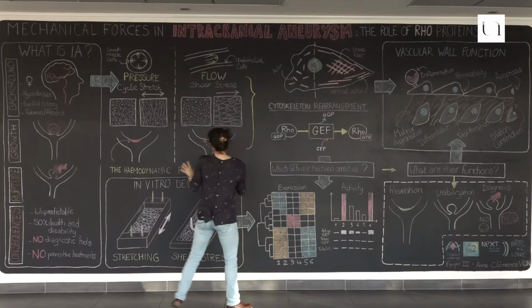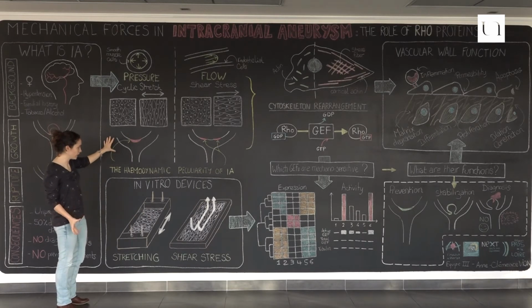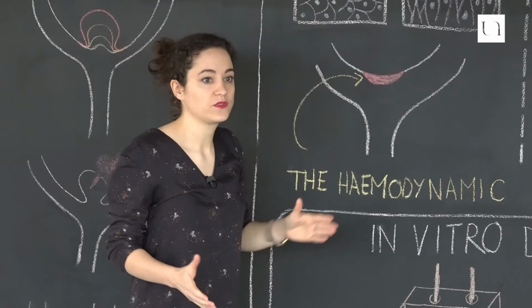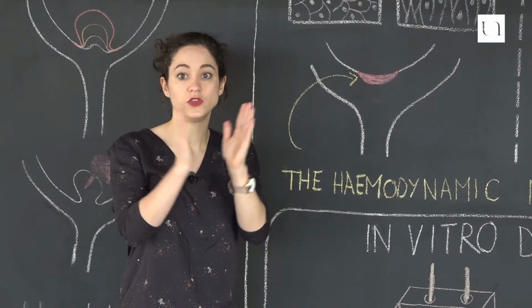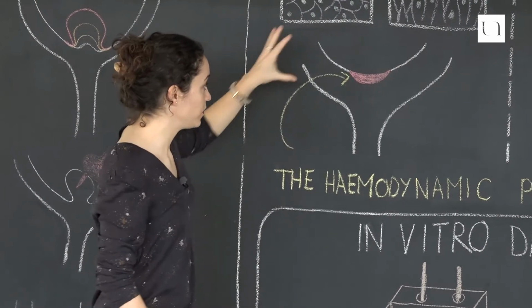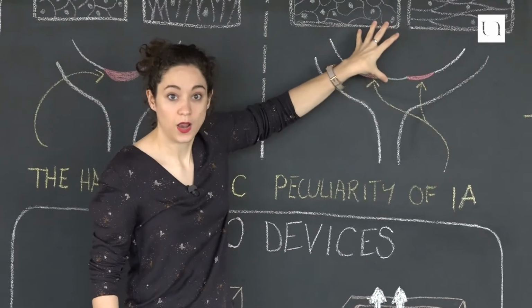And now if we come back a bit to our intracranial aneurysm locations, what we can see is that where the aneurysm is forming, the angles of the bifurcation are unusually open. And this generates an increase in stretch and an increase in shear stress locally.